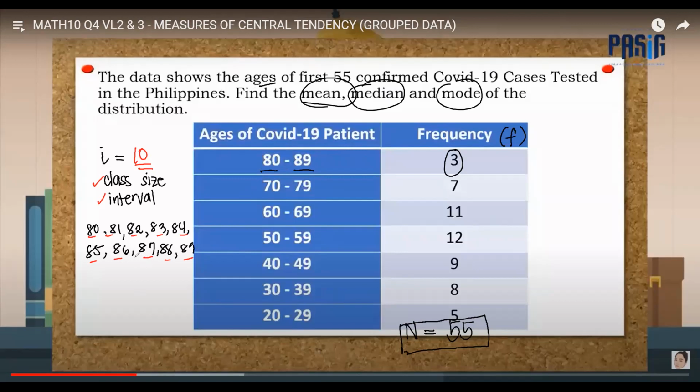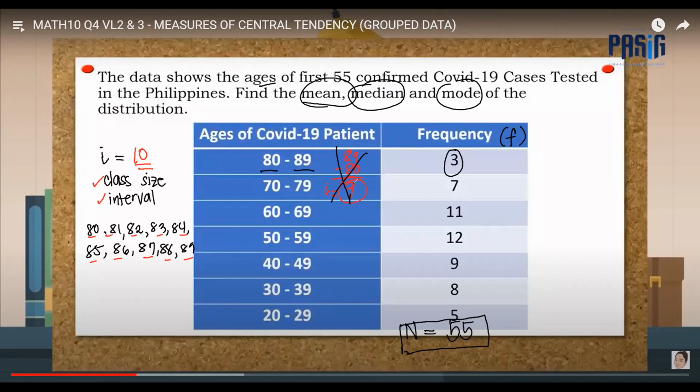Mostly ng misconception, most of the students, their misconception is when it comes to interval, ang ginagawa nila, nagsusubtract sila. Ang ginagawa nila, 89 minus 80 equals 9. So, sinasabi nila ang interval daw ay 9, which is wrong. Okay? Bakit?